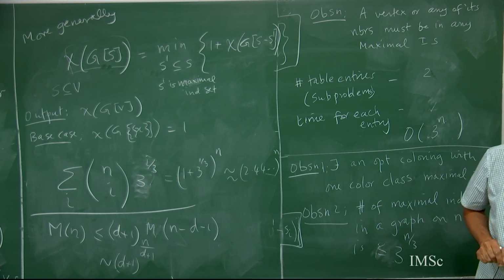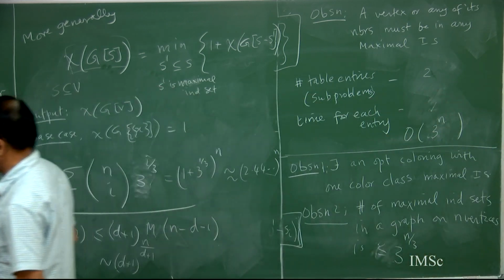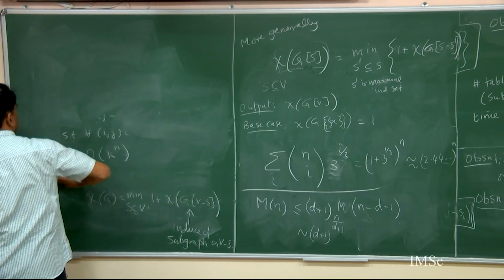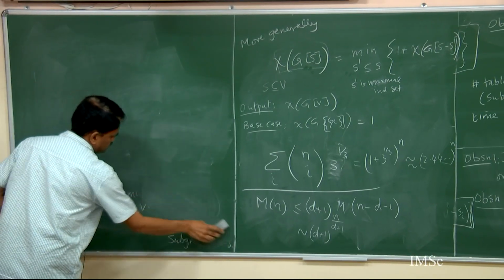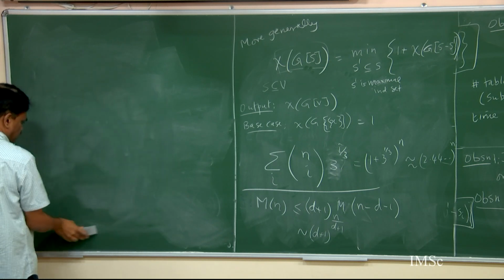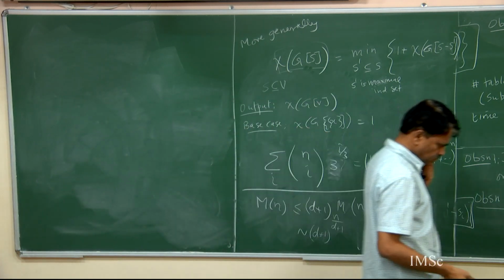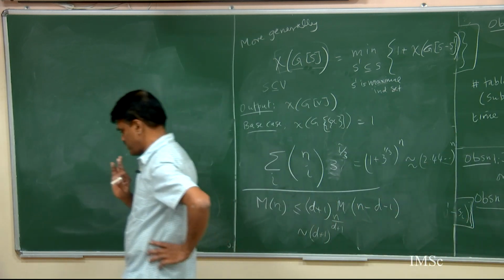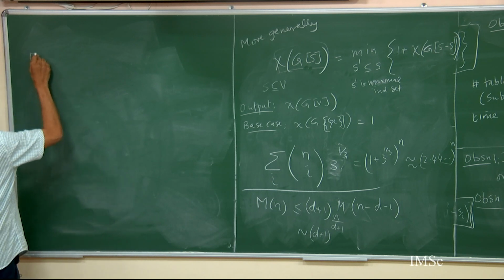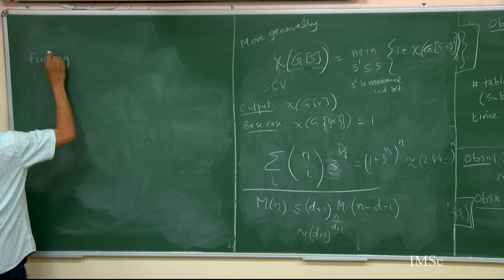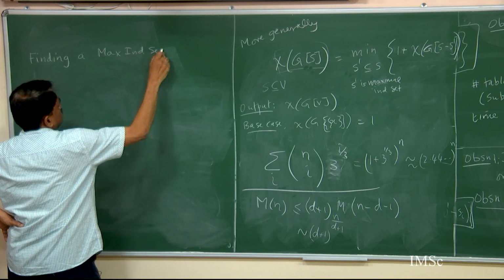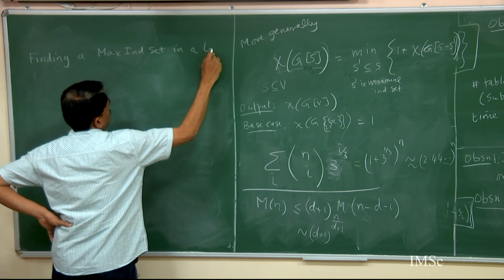I pick a vertex or any of its neighbors, so that's so many choices, and then you can find them. Okay, so one other example, let's do it: finding a maximum independent set in a rooted tree.